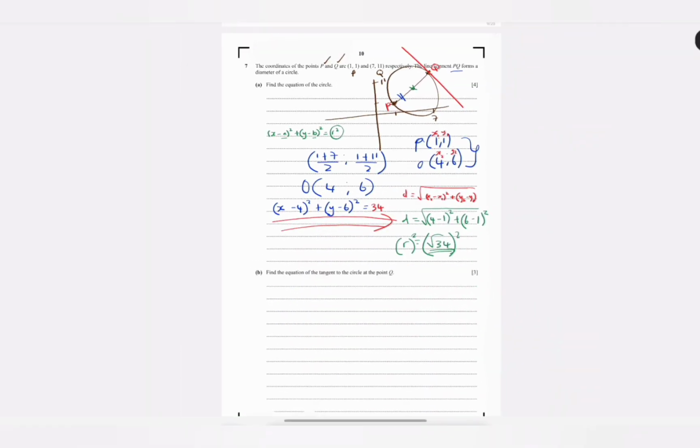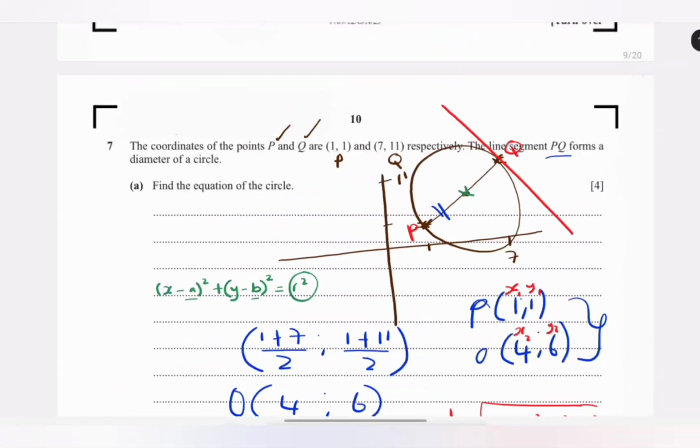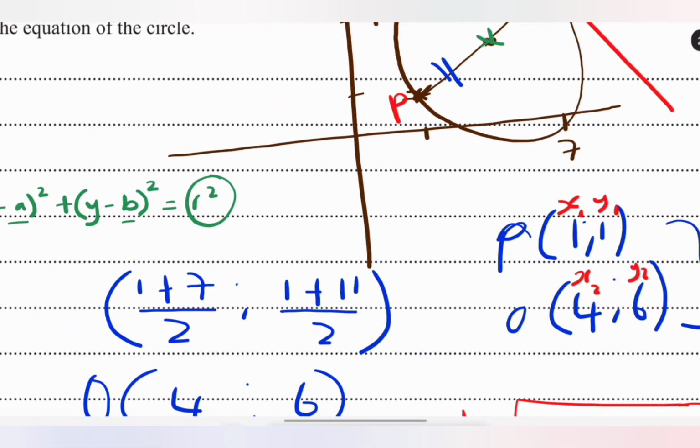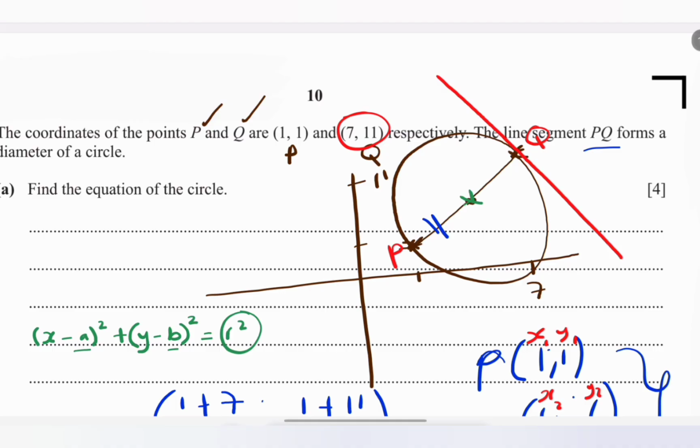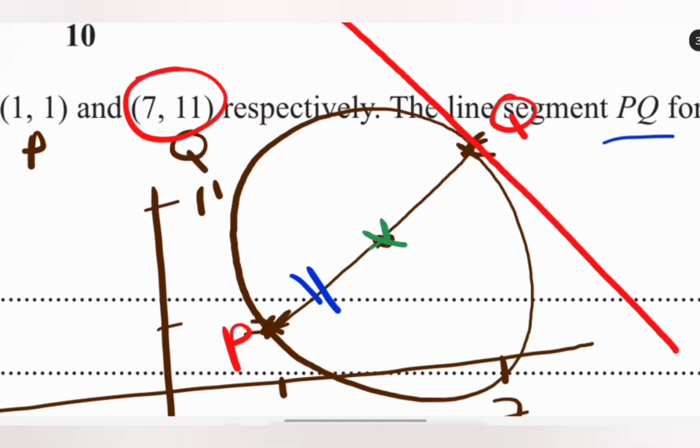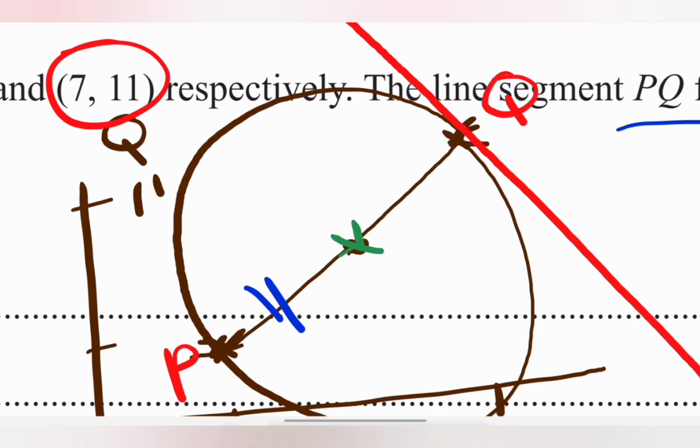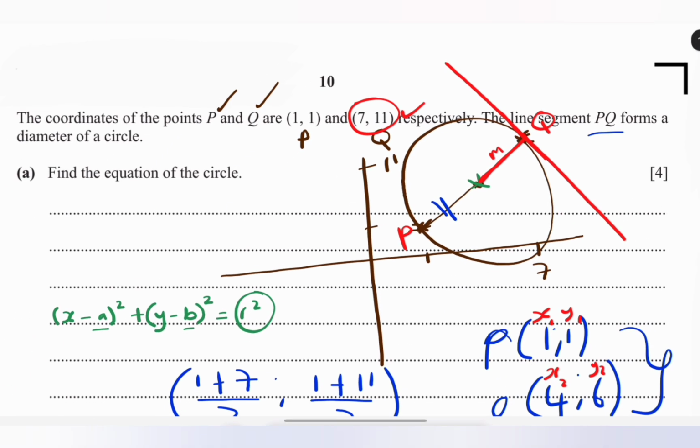And to get the equation of a tangent, firstly we need the point Q, which we're given, and after the point we need the gradient. So for the gradient of the tangent, we're going to start by calculating the gradient of this radius. Then we use it to get the gradient of the tangent. After we get the gradient of the tangent, we use the point Q to get the equation.